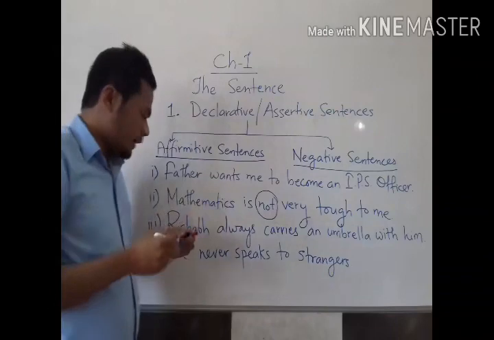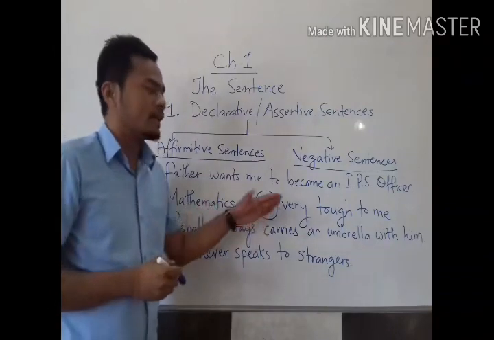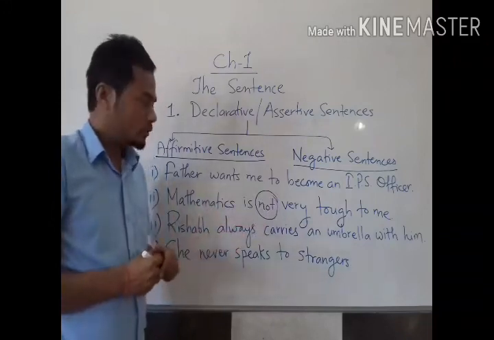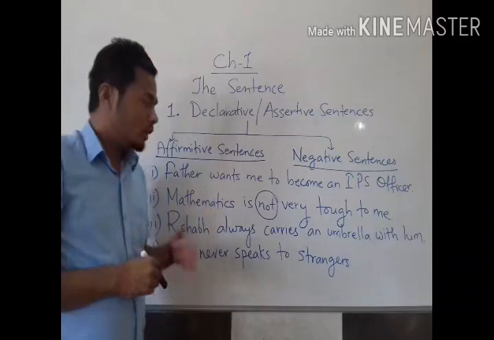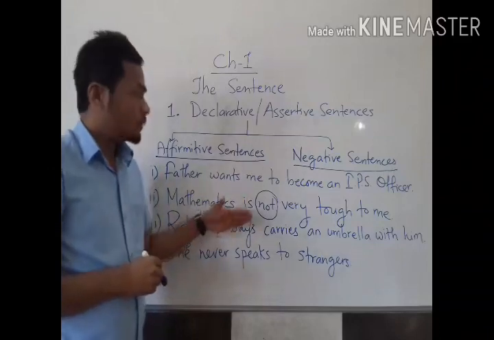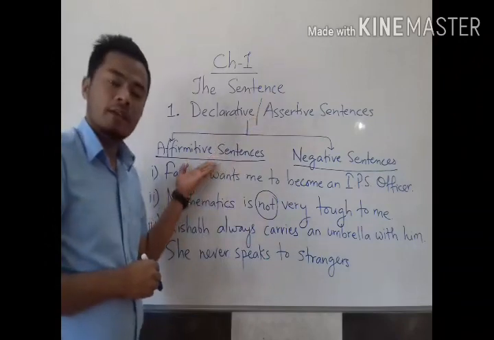Now come to example number 3: Rishabh always carries an umbrella with him. This also delivers positive information, so this is an assertive sentence. But what kind? It is an affirmative assertive sentence.